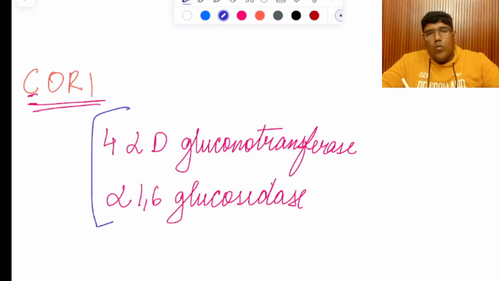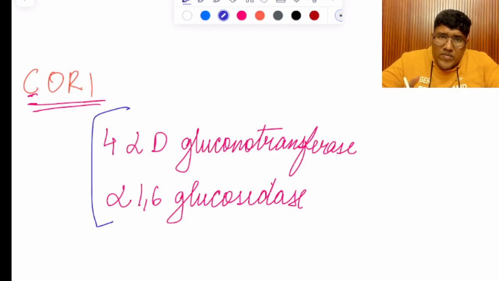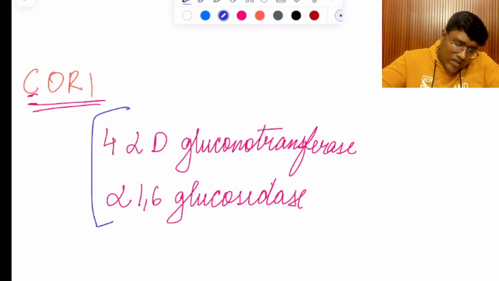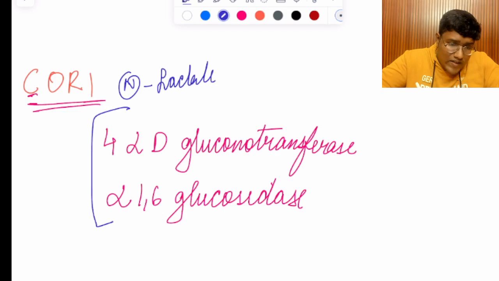Now, what are the symptoms you look for? You will see symptoms just like von Gierke's. But remember that the lactate is normal. So if you see normal lactate, and it's like mild symptoms of von Gierke's, there's a big spectrum of von Gierke's disease. But if they have normal lactate, it's Cori's.